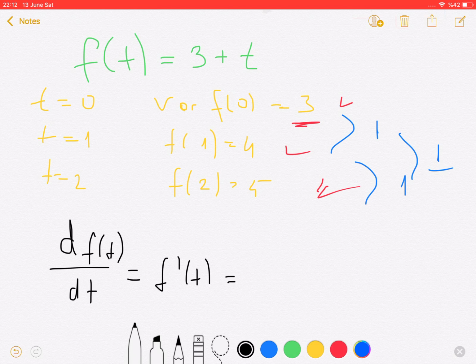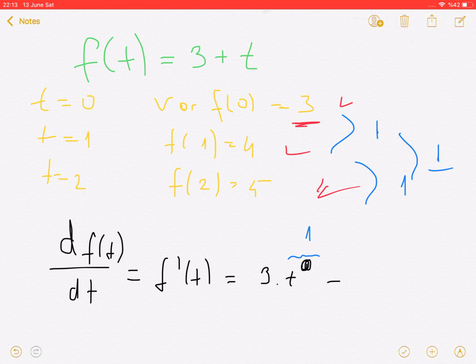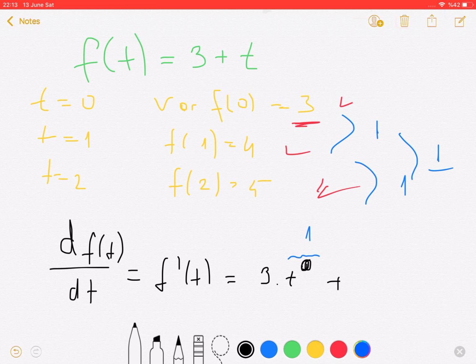By the way, this is a polynomial function. In a polynomial function, we have 3 times t to the power 0. By the way, this is 1. Plus t over 1, t to the power 1.